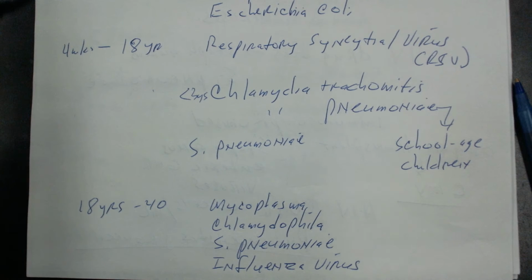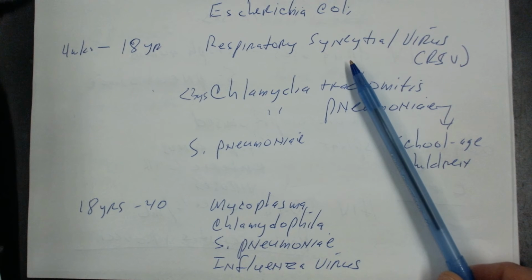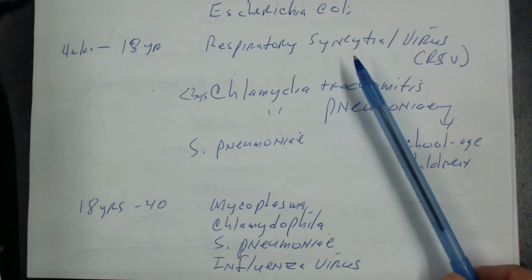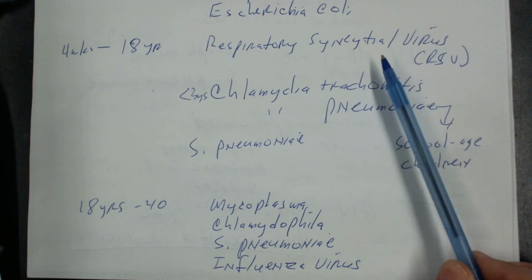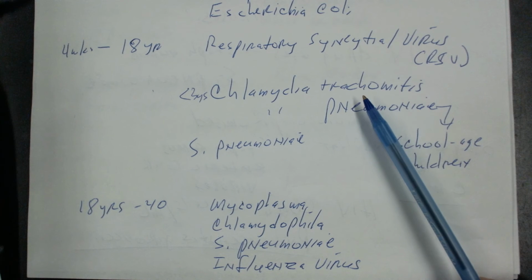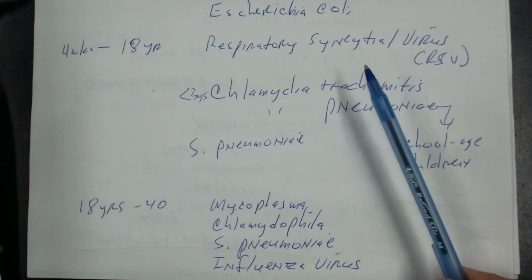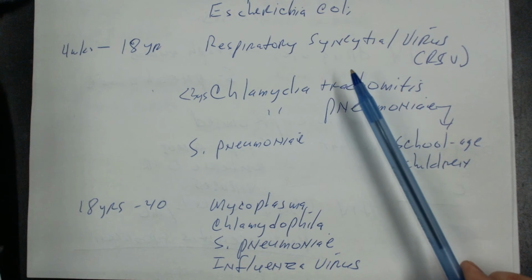Respiratory syncytial virus destroys some cells, causes other cells to fuse into a multinucleate syncytium, and the virus will cause a pretty respectable inflammation, and it also causes the airways to secrete lots of mucus.